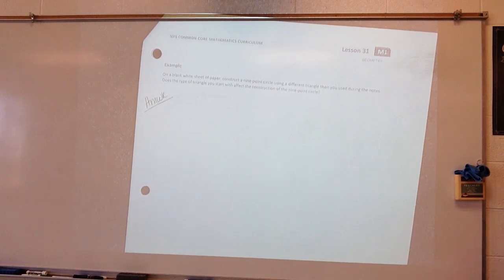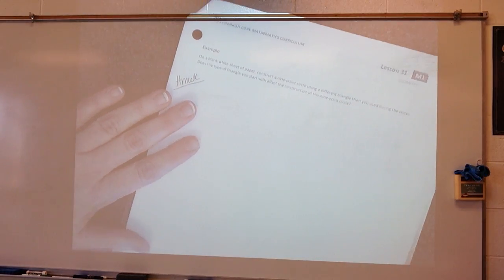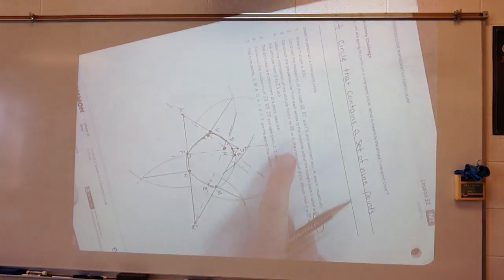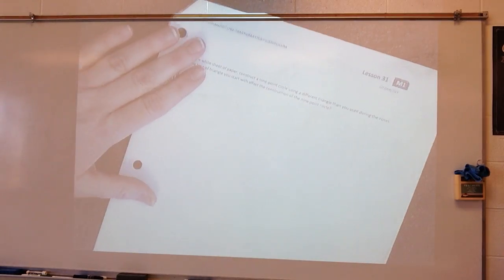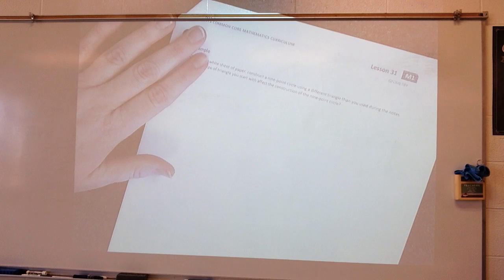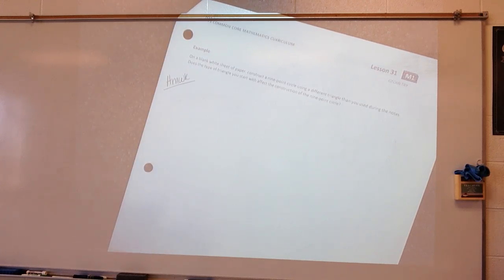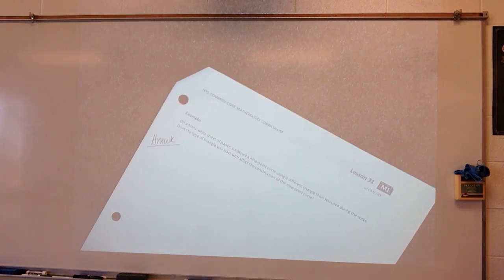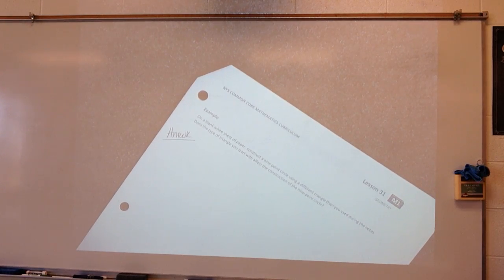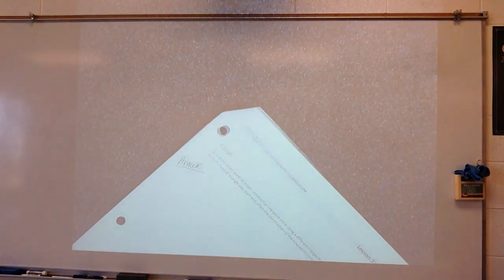Guys, I will tell you that you need to do the construction part. Do not just roughly draw what it looks like. I want to see your construction parts, your midpoints and all that. And then tell me, does it matter what type of triangle you start with? Does it affect the construction of your 9-point circle?